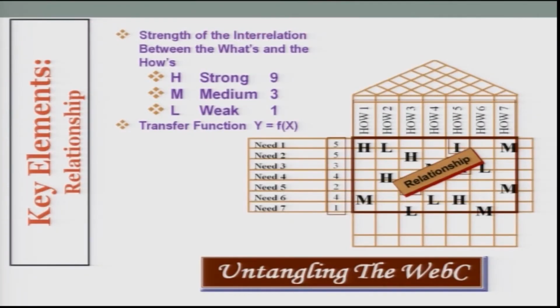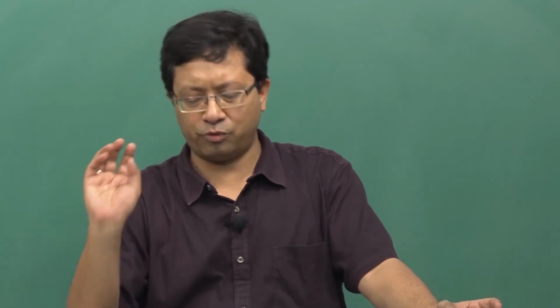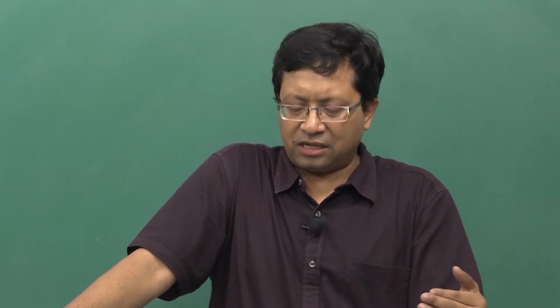So, the key element of the relationship would be basically to untangle the overall relationship which is happening. The strength of the interrelationship between the whats and hows can be done in a very simple way, where you give some points or some level of importance to the attributes. So, they can be done along with the needs and along with the hows.